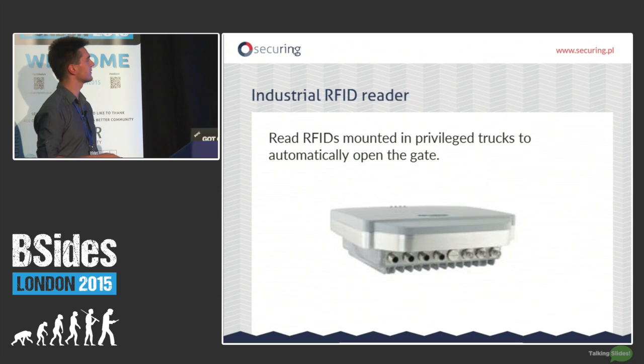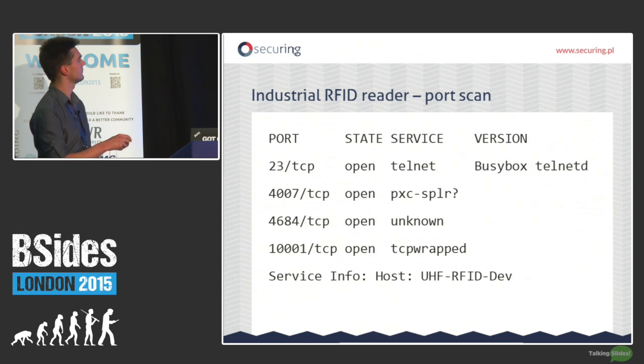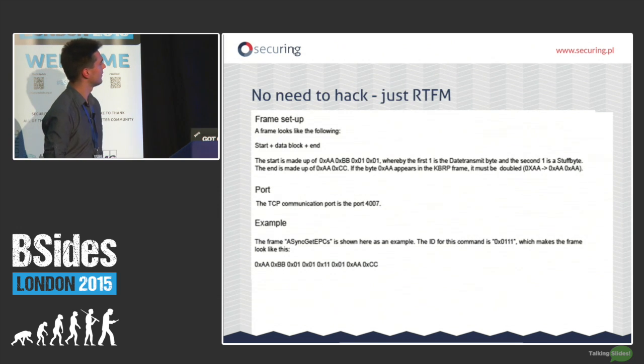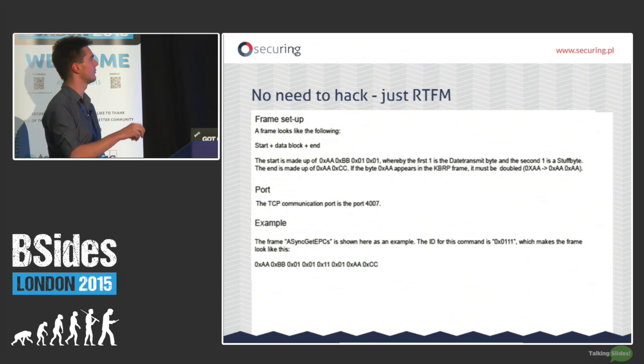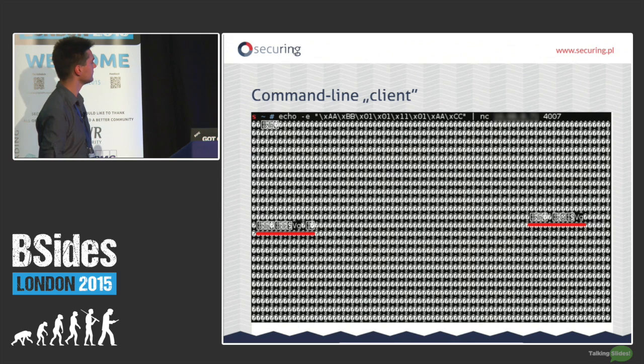So this box had some open ports. In the documentation, we found that sending an RFID to this box is also possible through Telnet on port 4007, and you have to put these raw values on the cable.